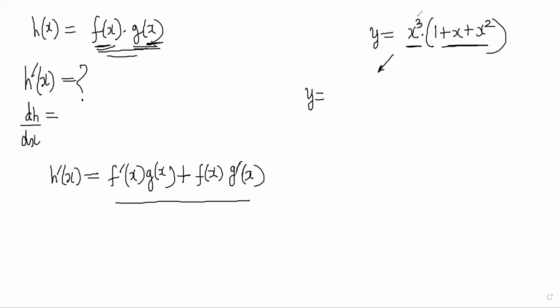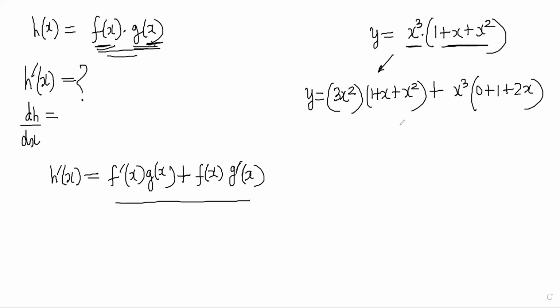So here, my answer should be according to that rule. Let's do that. First I differentiate this one. So that is 3x square, and keep this one as it is, right? Yes, sir. Then I keep this one as it is and differentiate this one. So differentiation of this is by the sum of multiple functions: 0 plus 1 plus 2x, right? Yes, sir.